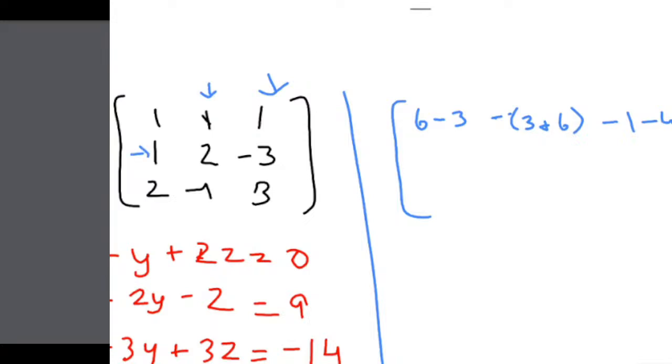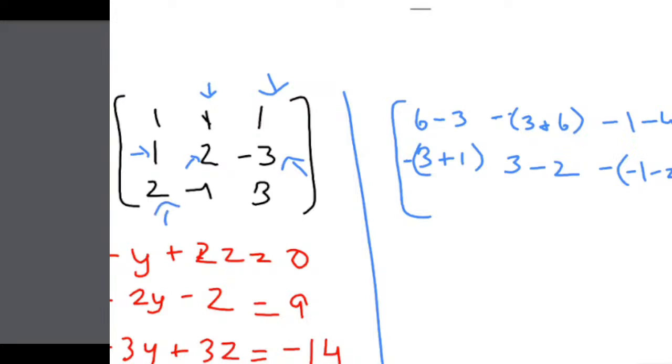For this element it's 3 plus 1, so minus of that. Then for this element it's 3 minus 2, and then minus of 1 minus 2.